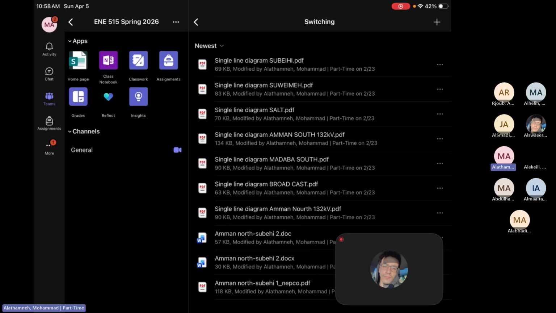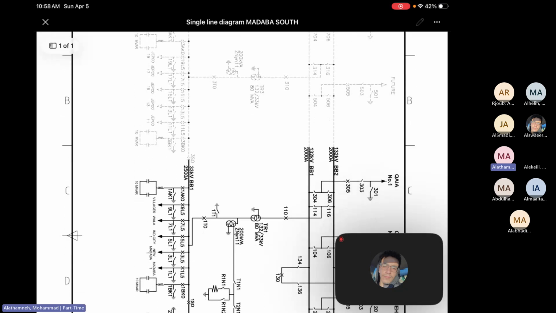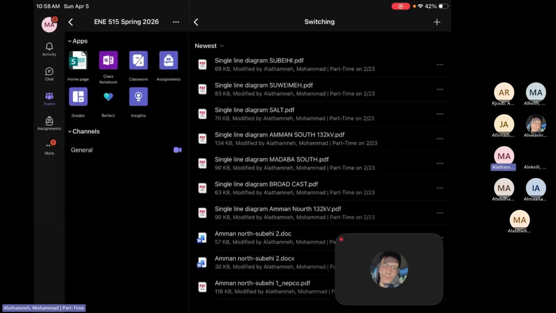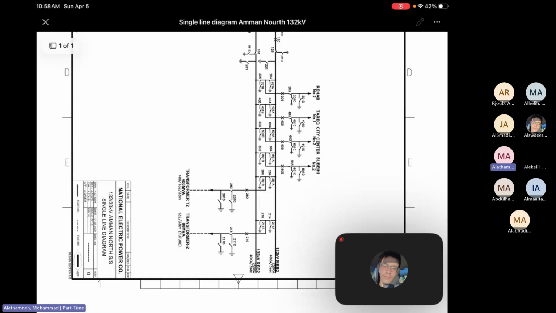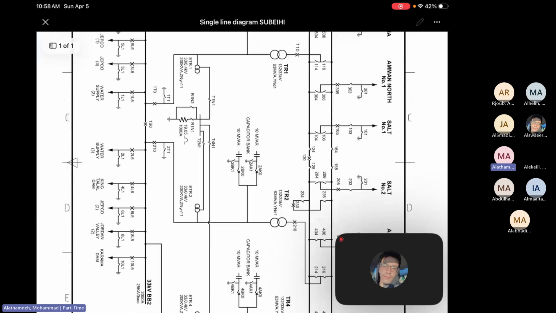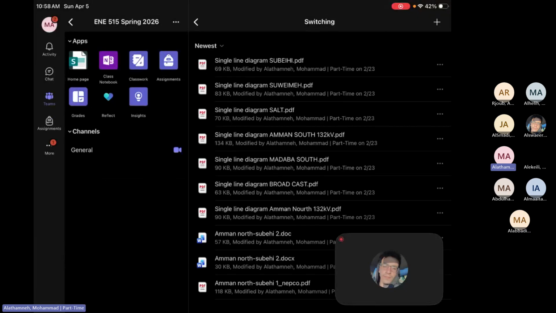For example, the Sbehi, Suwaym, Salt, South Amman, Madaba, Broadcast, etc. Here is South Madaba substation. This is how it looks. Each single line diagram of each substation, we already have it. And here's the single line diagram of Amman North, and so on. So again, there are several single line diagrams that you can use.